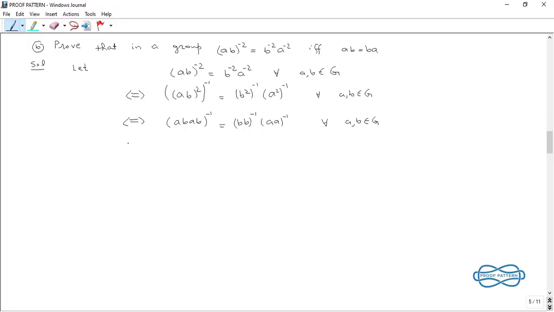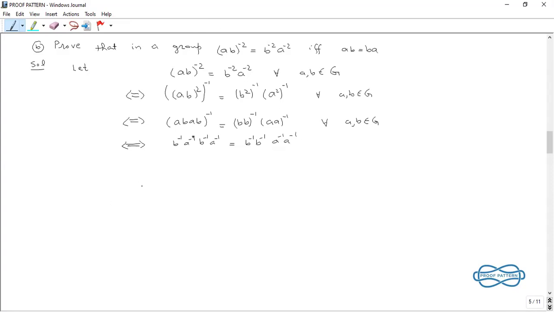And this will go in the same way if and only if B inverse, if we use the socks-shoes property, we get this one. And on the right side, it is B inverse, B inverse, A inverse, A inverse.